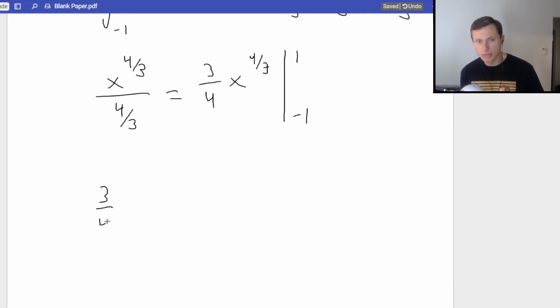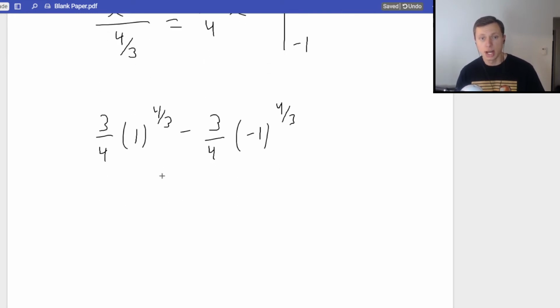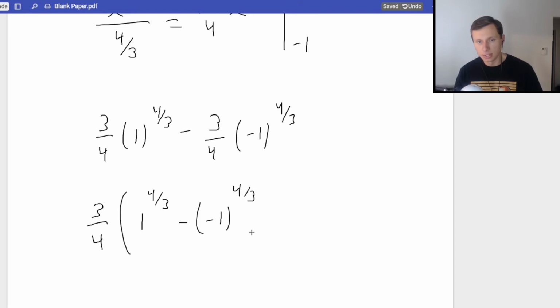You can say 3/4 times 1 to the 4/3 power minus 3/4 times -1 to the 4/3 power. That's one way you can write it. The other way, you can also factor out the 3/4 right from the beginning and just say 1 to the 4/3 power minus -1 to the 4/3 power. This is going to be the exact same answer. Which one do I like to do? Well, I like to factor out personally, but if you think the top one's more straightforward, then do that.